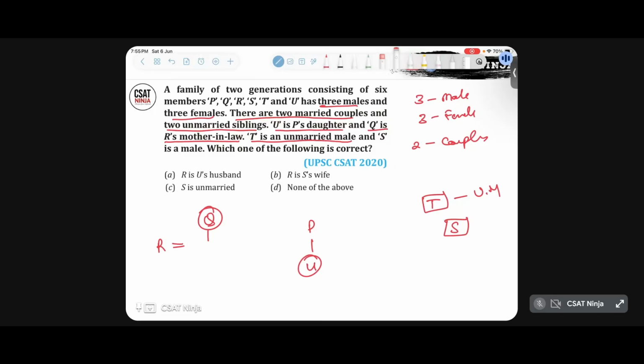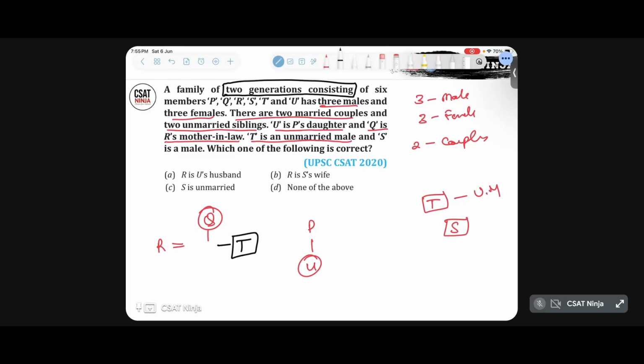So I'm going to make sure who the unmarried siblings are there. D is an unmarried sibling, which is very sure. And the other one is, since I'm not sure about this combination here, what I'm going to do is that there are 2 generations here. I made a mistake here.